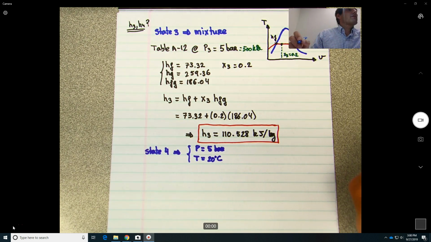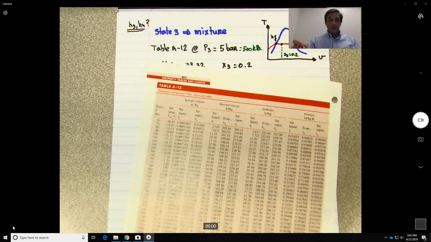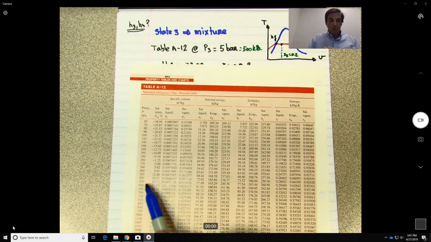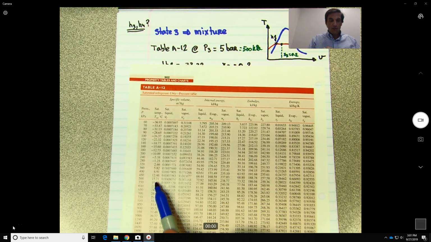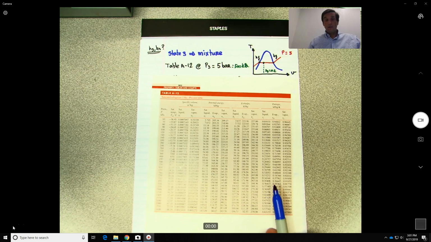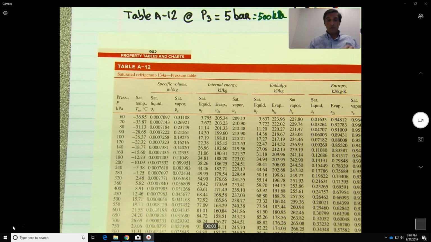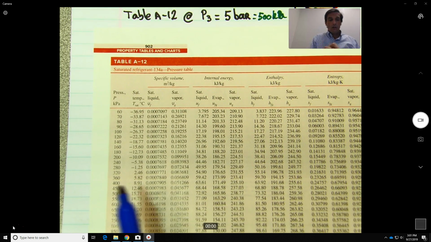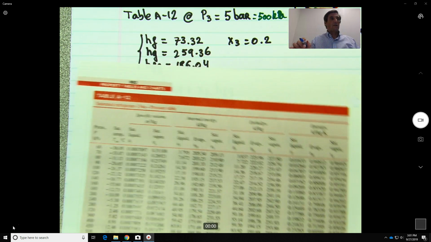So from the same table as before, table A12, at 500, what was the saturation temperature? So at 500, you see that the saturation temperature is 15.71.